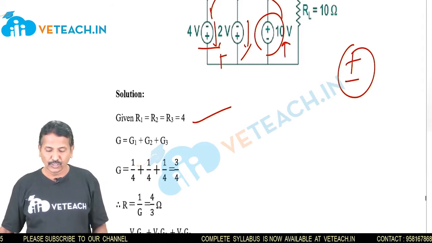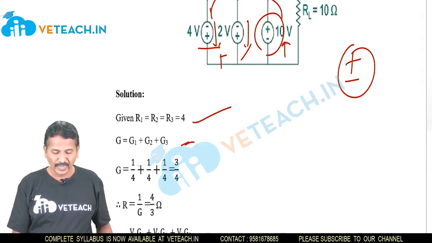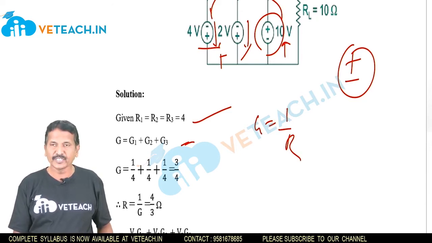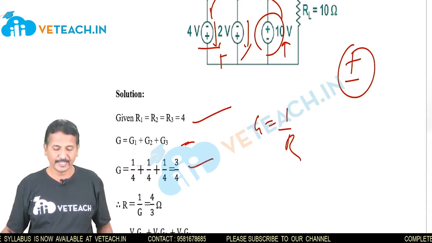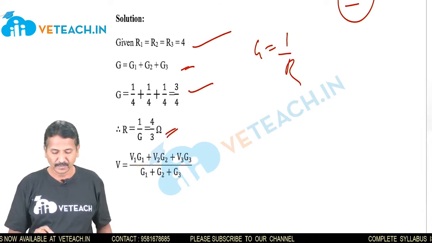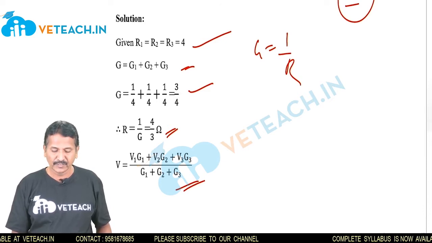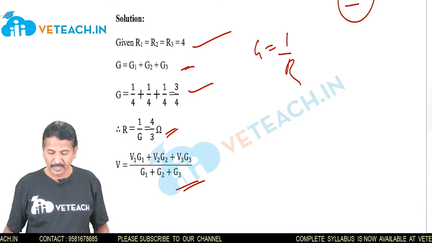Now G is equal to G1 plus G2 plus G3, where G is 1 by R. So 1 by 4 plus 1 by 4 plus 1 by 4. If we take the LCM, we get 3 by 4 here. Then R is equal to 1 by G, or 4 by 3. Now what is the formula we have? V is equal to V1 into G1 plus V2 into G2 plus V3 into G3, divided by G1 plus G2 plus G3.